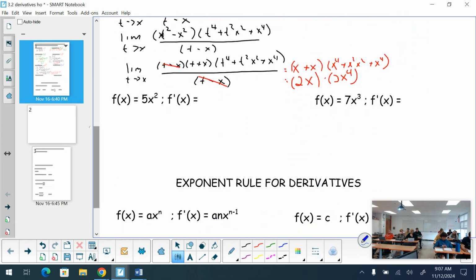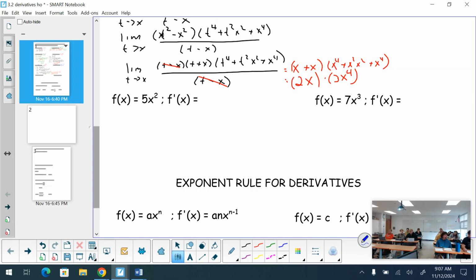Well, what happens when we have 5x squared? What happens when we have 5x squared? Well, is the same thing going to apply because I have a coefficient now? Before I never had a coefficient. Let's see what happens.